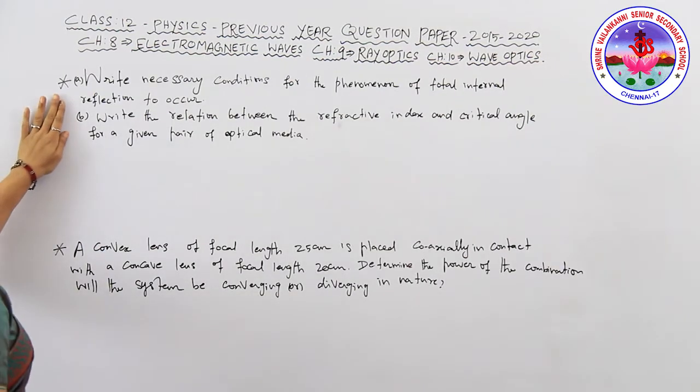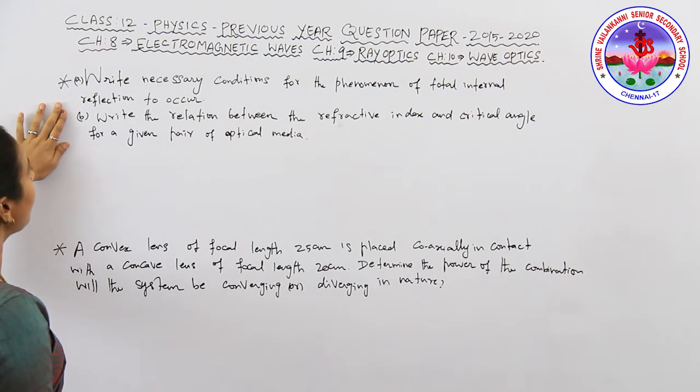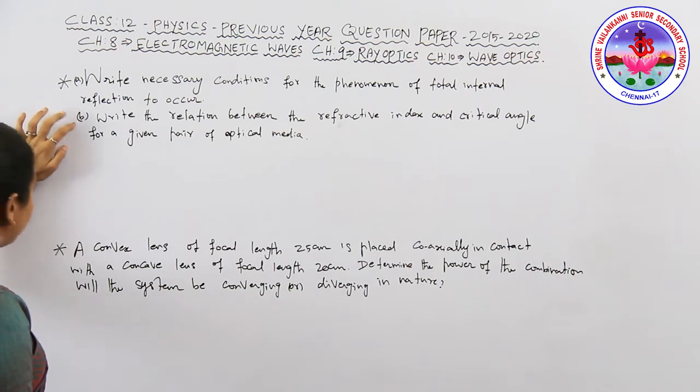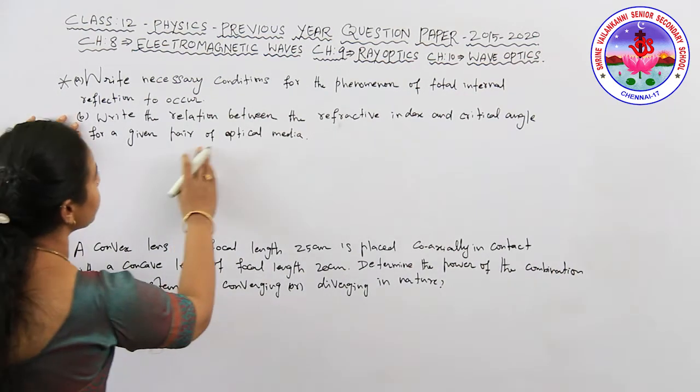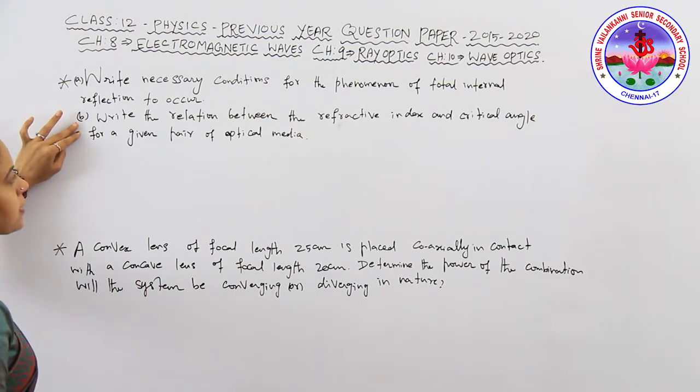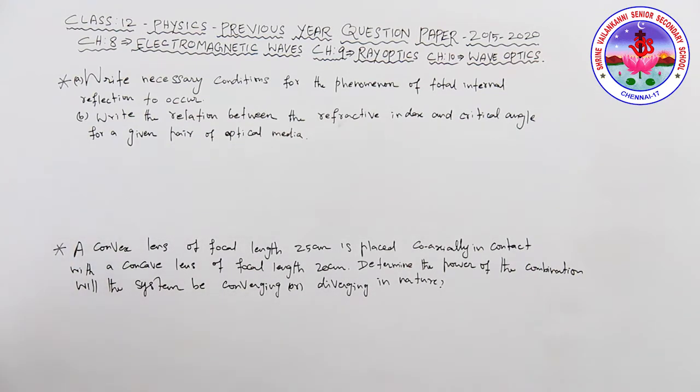See the question, children. Write the necessary conditions for the phenomenon of total internal reflection to occur, and write the relation between the refractive index and the critical angle for a given pair of optical media. The first part of the question is to write the necessary conditions for total internal reflection.